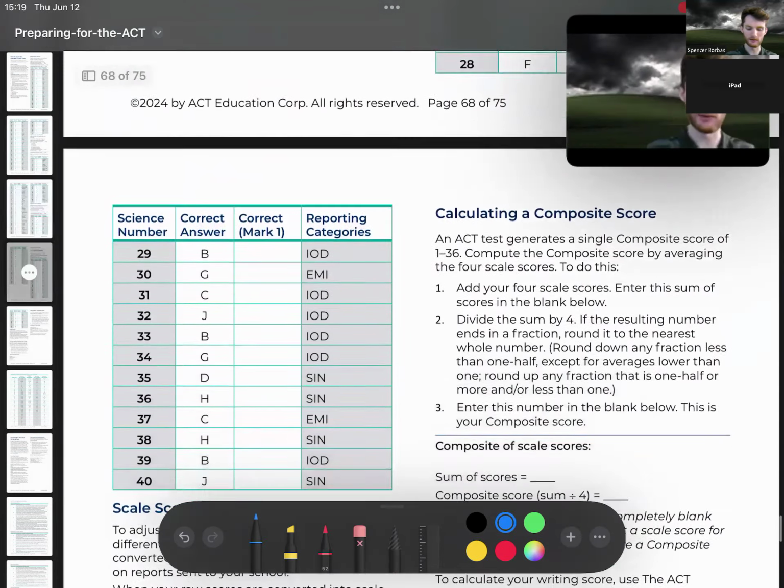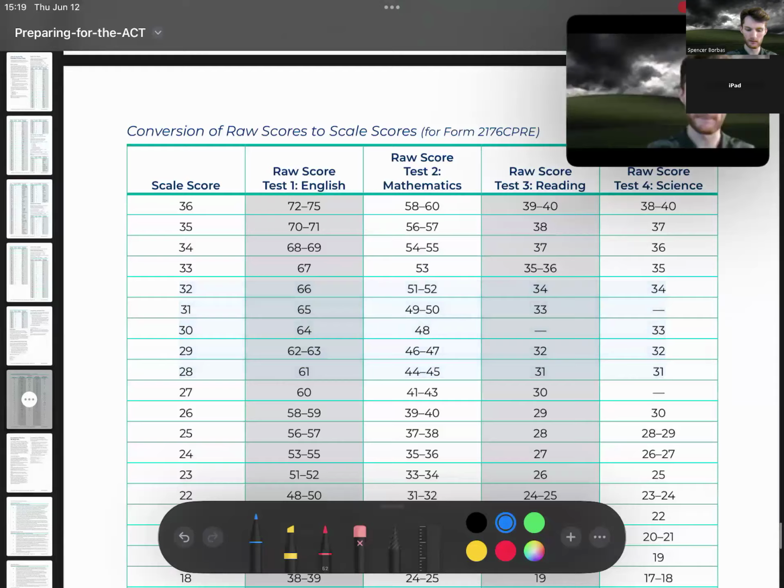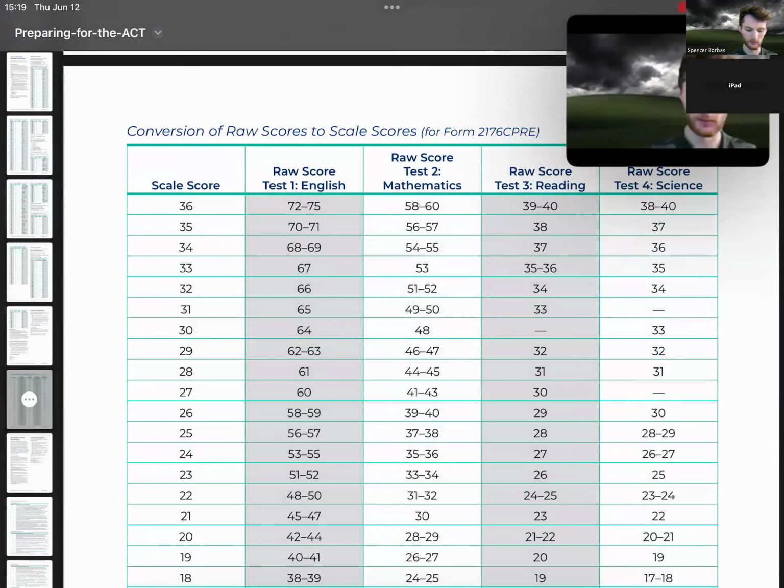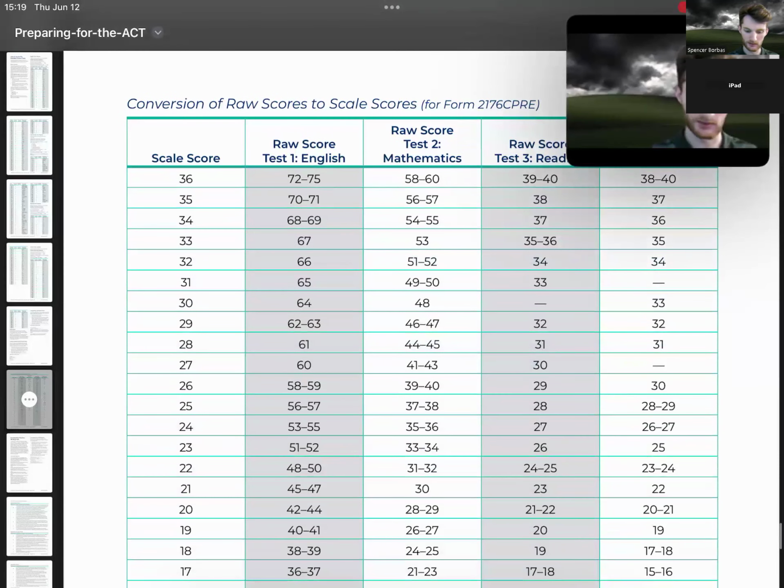And 45 questions right on mathematics is 28. Oh, I guess that's not too bad.